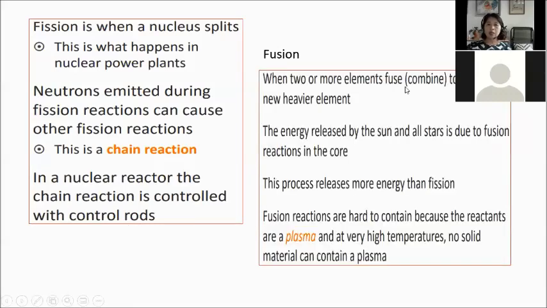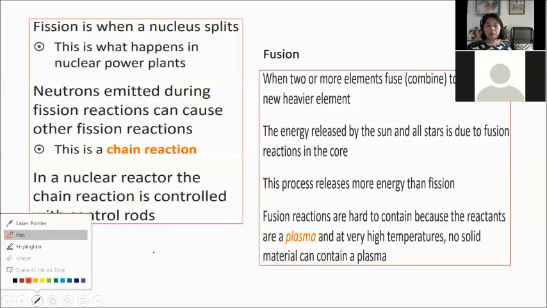Okay, next, what is a fusion nuclear reaction? Okay, so this is when two or more elements fuse or combine to form one heavier element. So the energy released by the sun and all stars is due to fusion reaction in the core. This process releases more energy than fission.